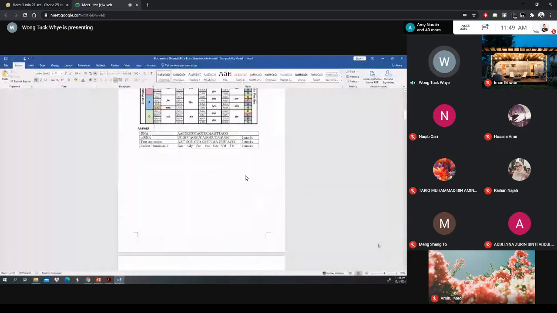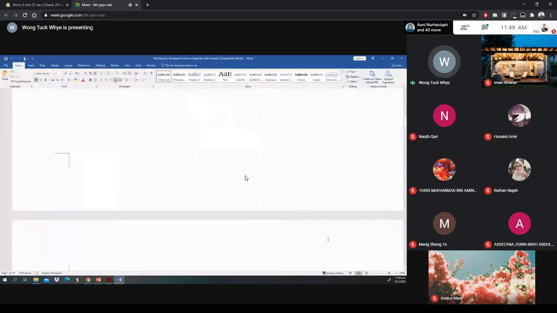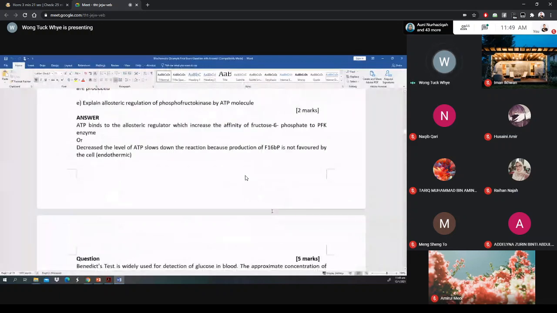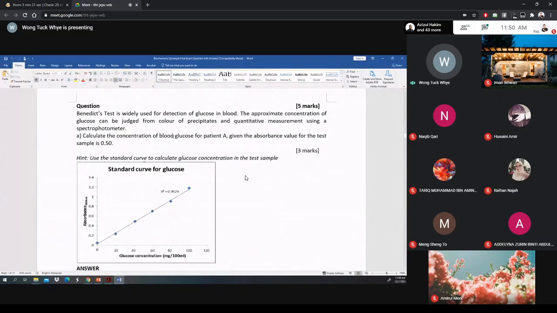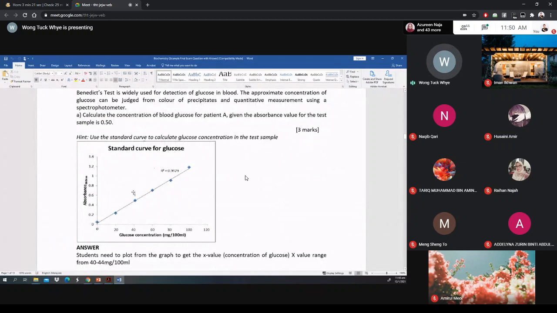Okay, we have this question, which is very related to your biomedical engineering. Normally we will ask this, for example, we give you a standard curve for the glucose measurement. For a given glucose concentration, what will be the absorbance on the testing platform?